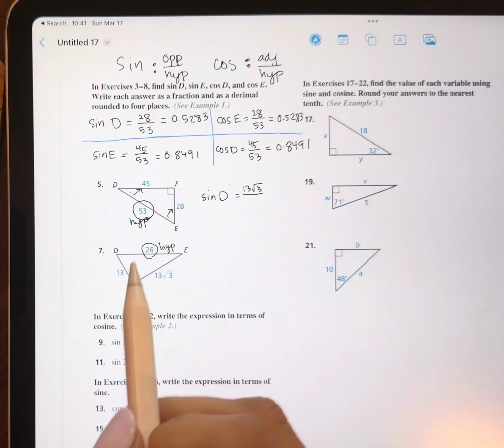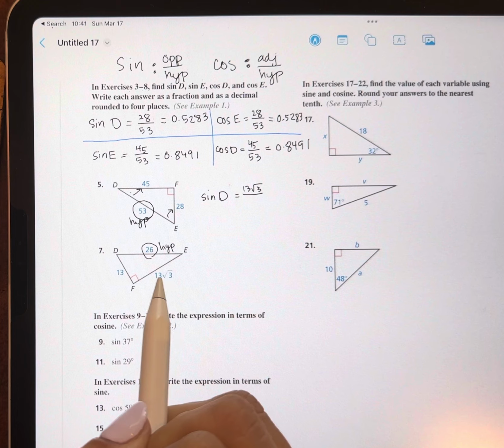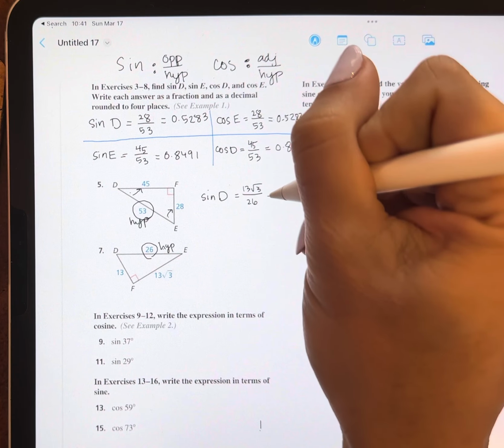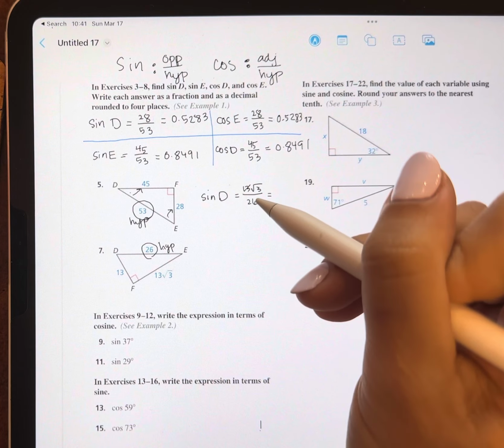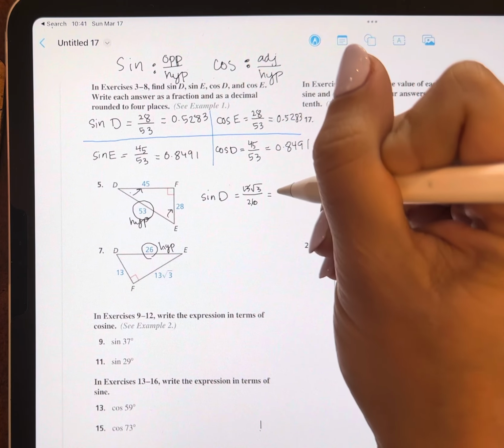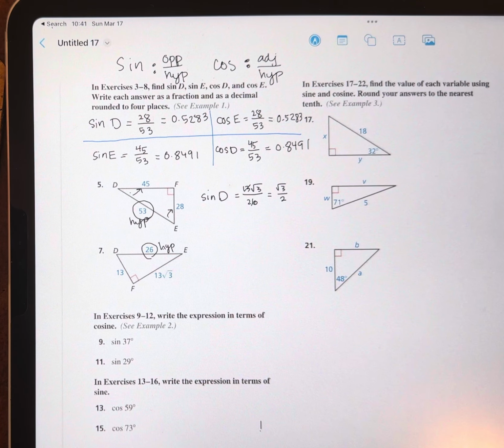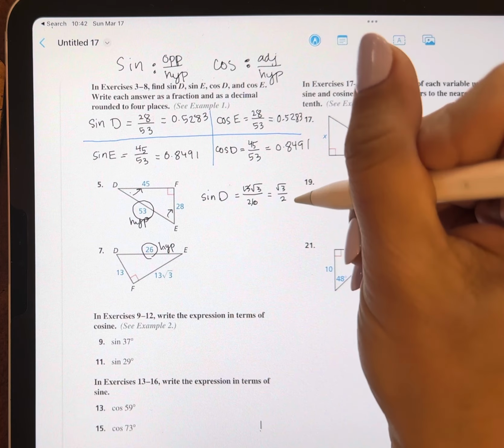Sine is opposite over hypotenuse, I'm sorry. 13 over 26 reduces, so this becomes root 3 over 2. And a decimal for square root of 3 divided by 2 is 0.8660.